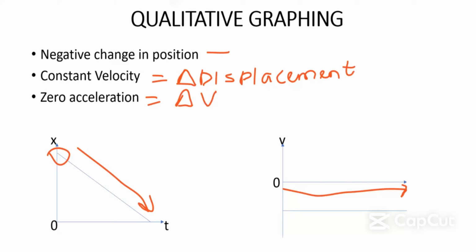And displacement is position. So now we have a change in position, a displacement, but its velocity is constant, and that's why we have 0 acceleration.